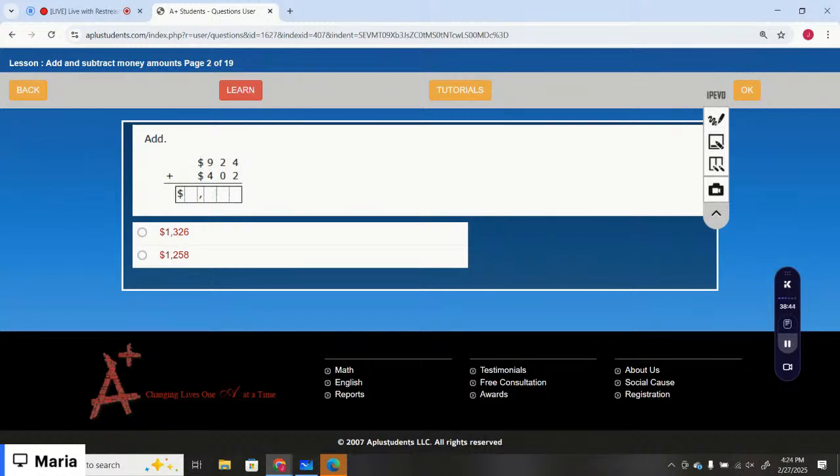Option number one is the correct option. That is $1,326.